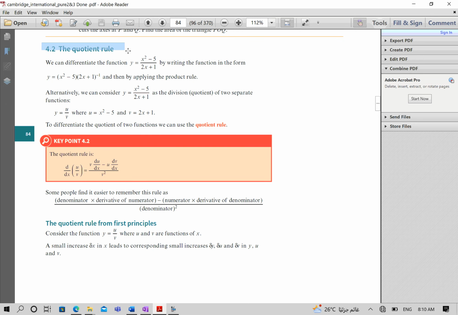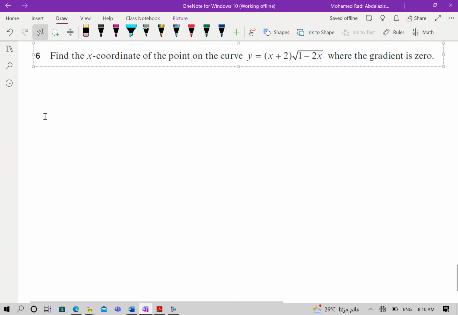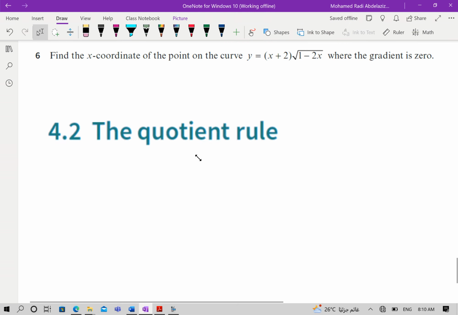The quotient rule: how to differentiate two functions written as u over v, division.